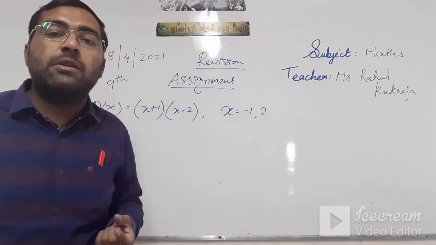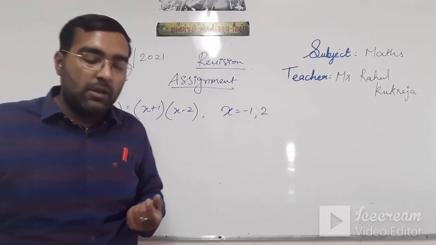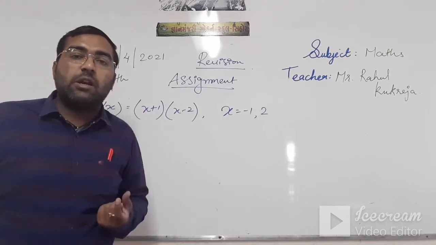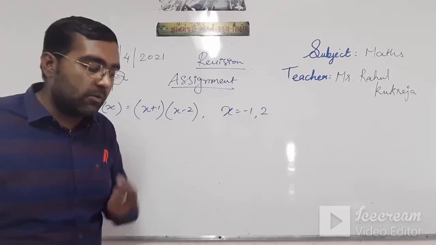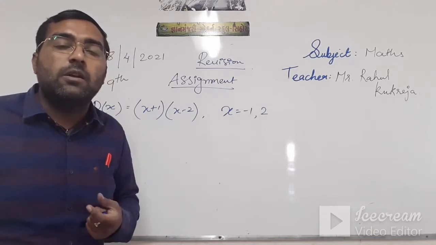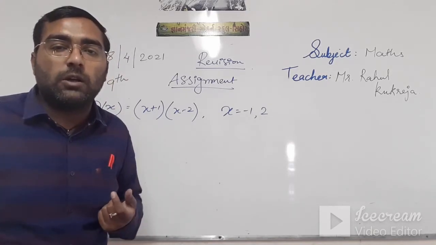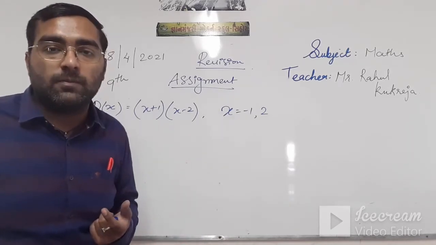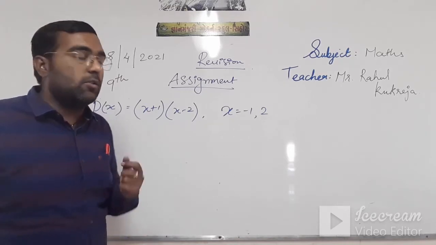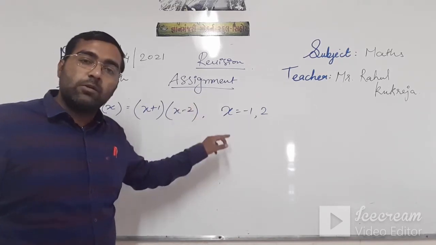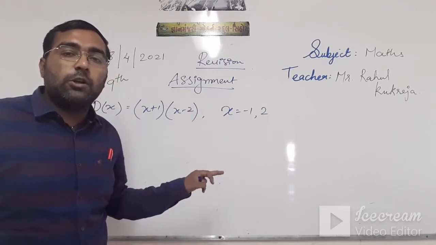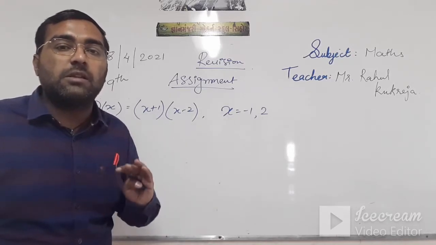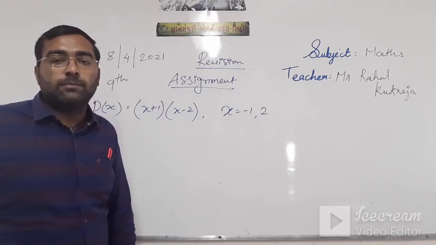Zeros of the polynomial means value of x. मैंने आपको ऑलरेडी क्लास में बताया हुआ है, value of x means value of zeros. Clear? So whenever it says zeros of the polynomial, roots of the polynomial, solution of the polynomial, that means value of x. Every time it says value of x. Clear?